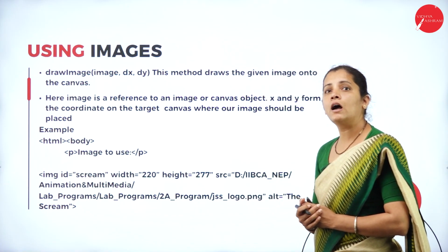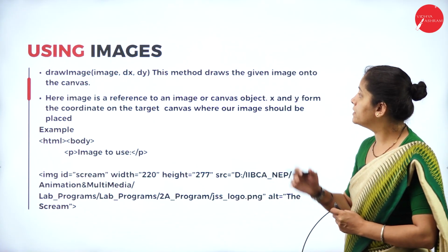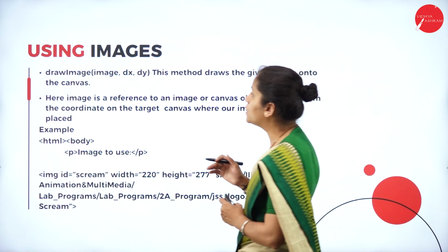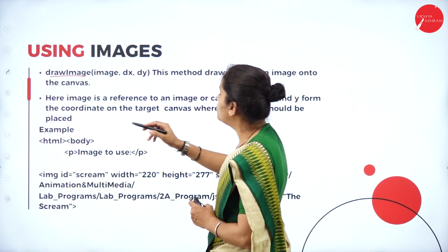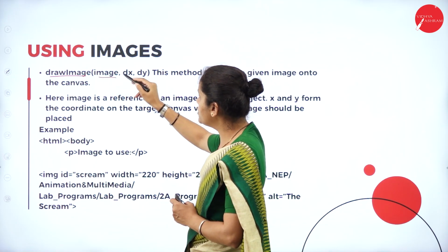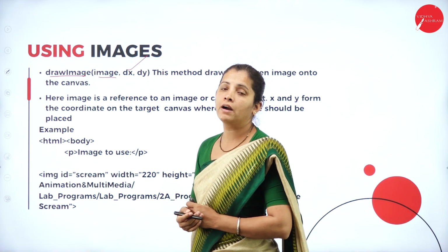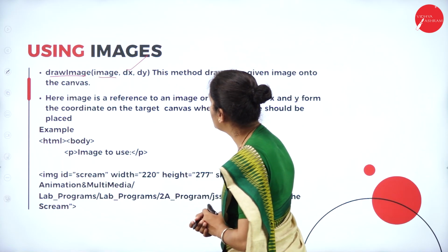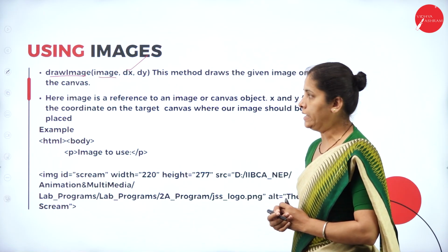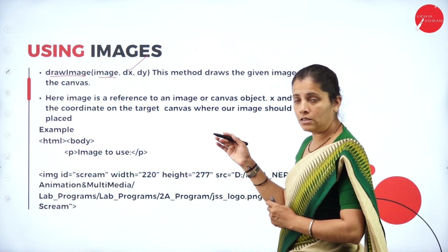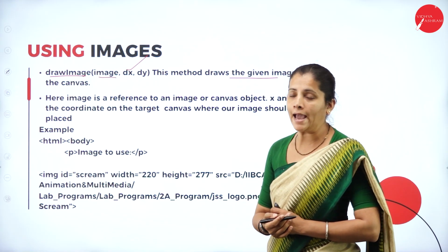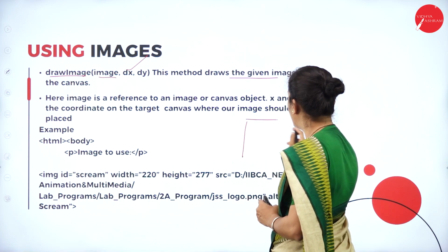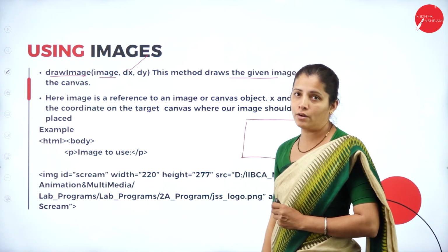Suppose I want to draw an image, okay, then I have a method called drawImage. So I'm going to have the image, and at the same time I'm going to specify the x coordinate as well as the y coordinate. So this is a method used to draw the given image on the canvas. So think that this is your rectangular space on the web page.